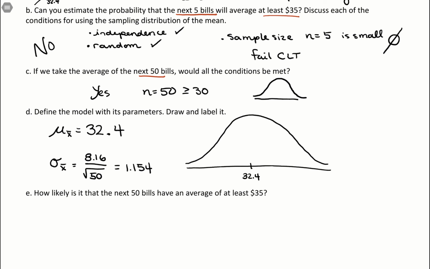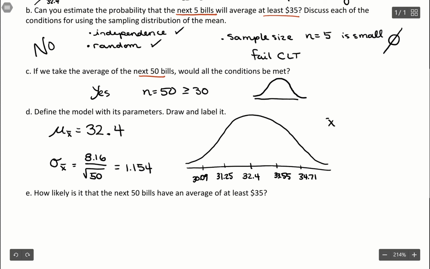So we expect an average of 32.4, and then we could get a number line going. If we're going a certain number of standard deviations above, I'm just going to go to 2 decimal places with these. So going standard deviations above, standard deviations below. So we can get an idea of our number line for having 50 bills and examining the averages.